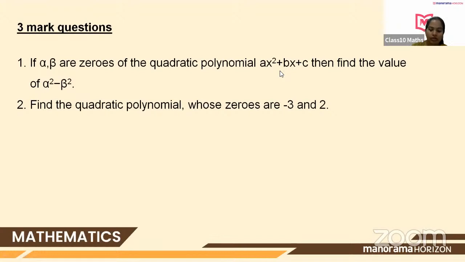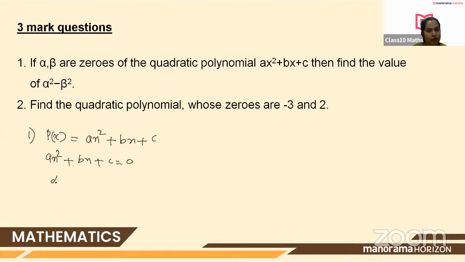So that's our first question. The required polynomial is p of x is equal to ax square plus bx plus c, so the polynomial is ax square plus bx plus c is equal to 0.